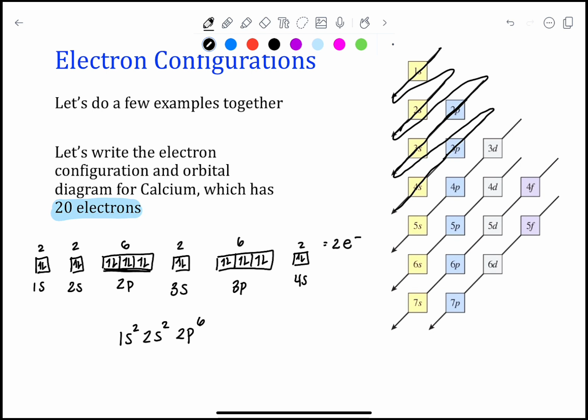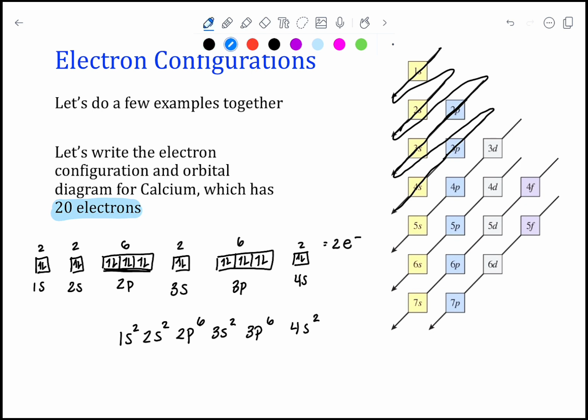Remember, we have 3 orientations of p, each can have 2 electrons. So in total, the p orbitals can house 6 electrons, so we put our superscript as a 6. We then have our 3s, which has 2 electrons. We have our 3p, which again is filled with 6 electrons. And we have our 4s, which has 2 electrons.